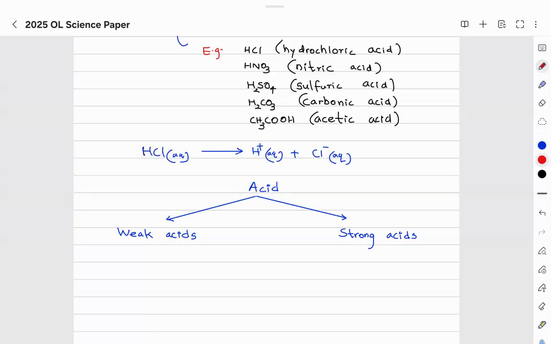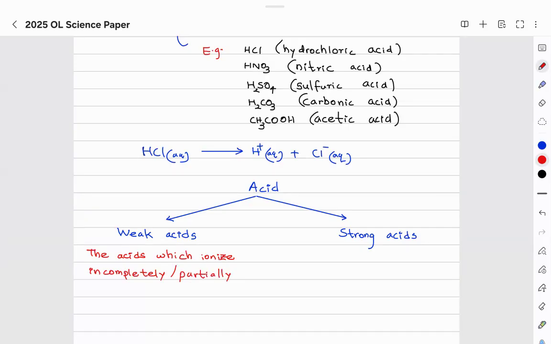So we can say that the acids which ionize incompletely, or else I can say partially, right?